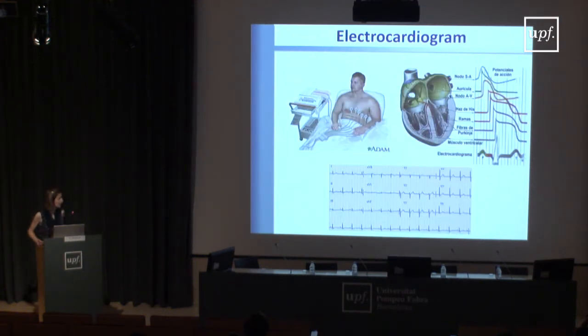So we'll start with the electrocardiogram, which I'm sure you all have heard of, which is the electrical signal that is most commonly used in cardiology practice for diagnosis, for prognosis, or for evaluation of therapy. For those of you who are not so familiar with the signal, this is the 12-lead electrocardiogram, which you can see here.